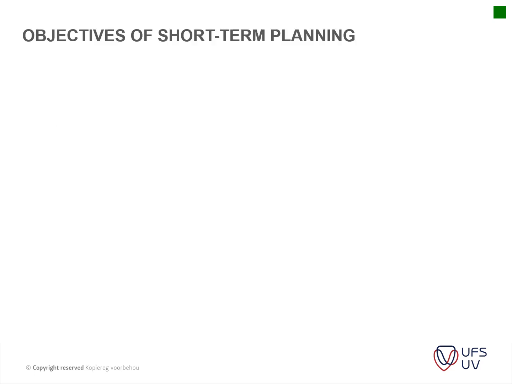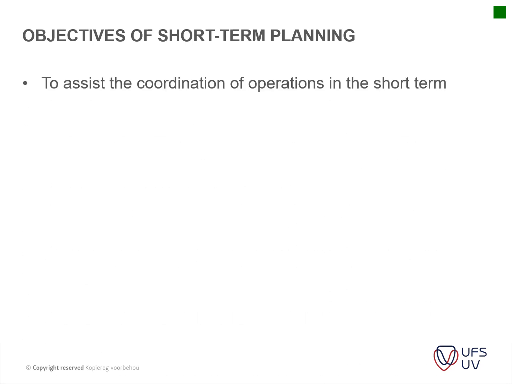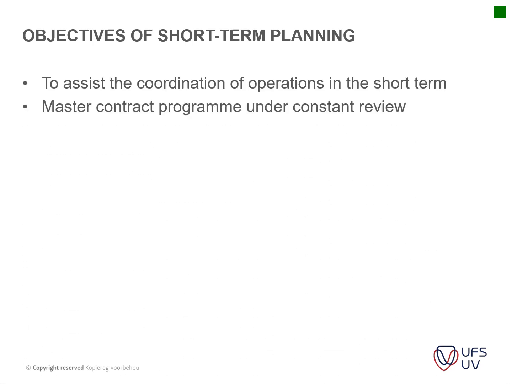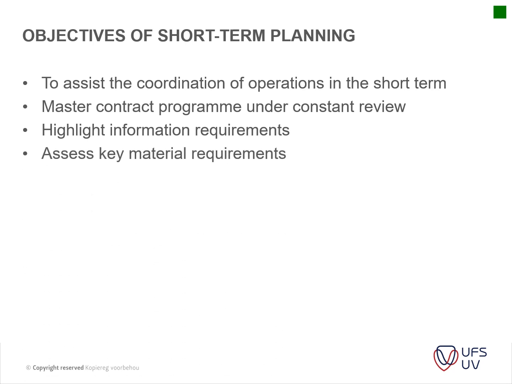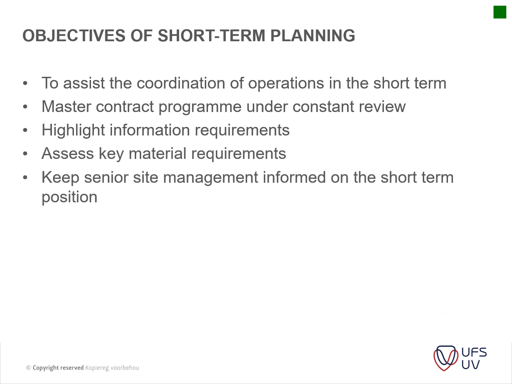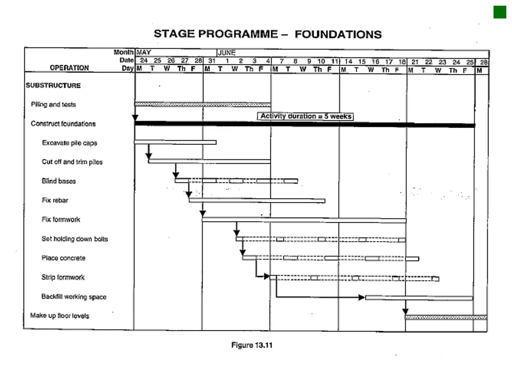Okay, then the objective of the short-term program is basically to assist the coordination of short-term operations. The master contract program is under constant review, and it highlights information required, assesses key material requirements, and keeps senior site management informed on the short-term position. So stage programs, for instance, now for foundation.